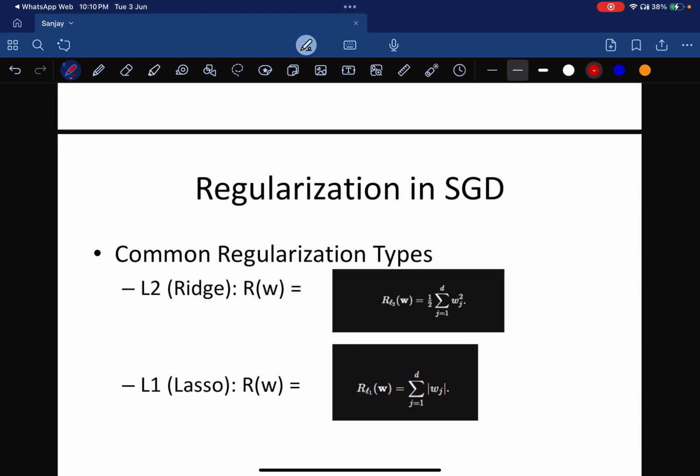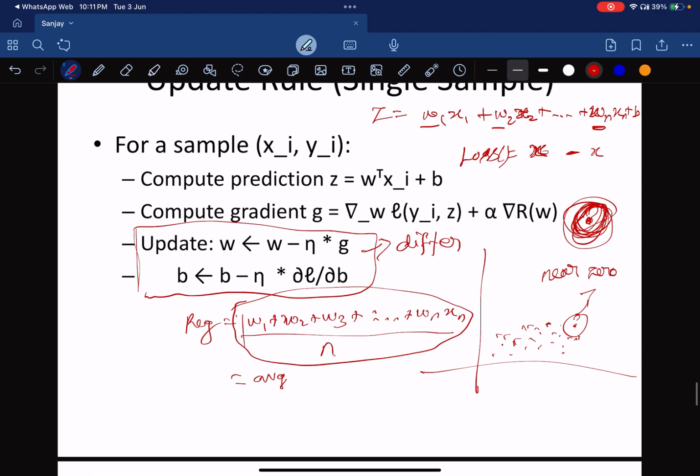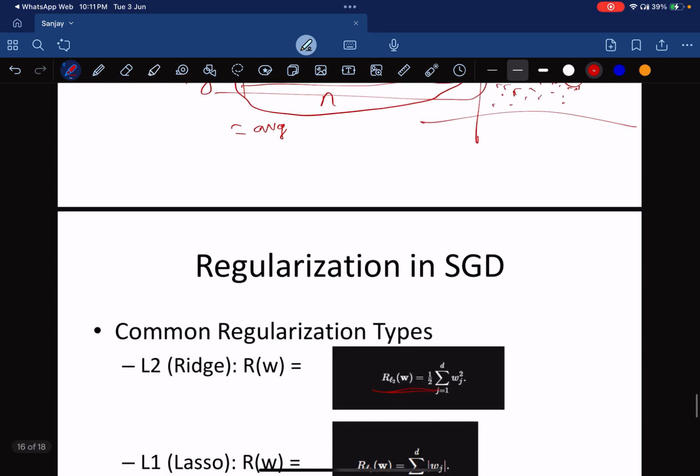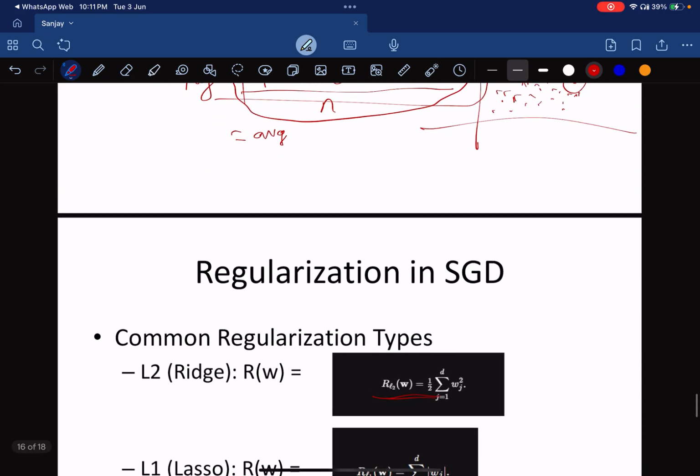In the formula for regularization, there are two types, L2 and L1. The L2 formula looks like this. We find the average, right? But in L2, we find the square of it. We find the loss for the entire data.